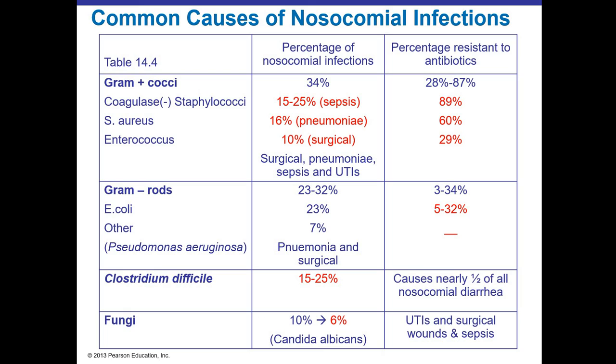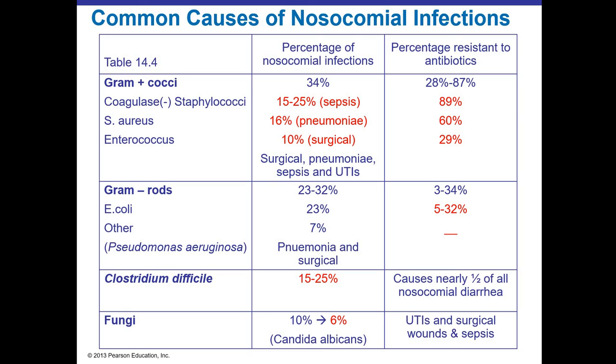percent resistance. The gram-negative rods are behind the gram-positives, but we're still seeing alarming trends of increases in things like E. coli, which account for about 23% of all nosocomial infections. Anywhere between 5 up to 32% of the organisms are resistant. Nearly half of all nosocomial diarrheas are actually caused by Clostridium difficile, or C. diff.